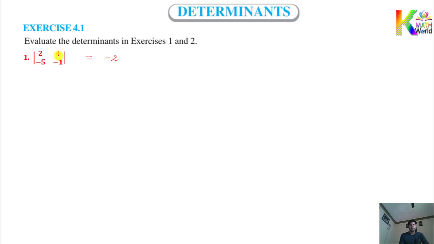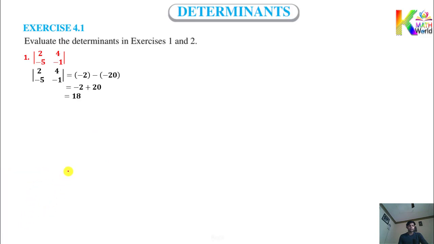Then minus the product of these two, 4 into minus 5, that will be minus 20. So you got minus 2, then minus minus plus 20. So 20 minus 2, so that will be how much? 18. That thing you can see here, that will be your answer.